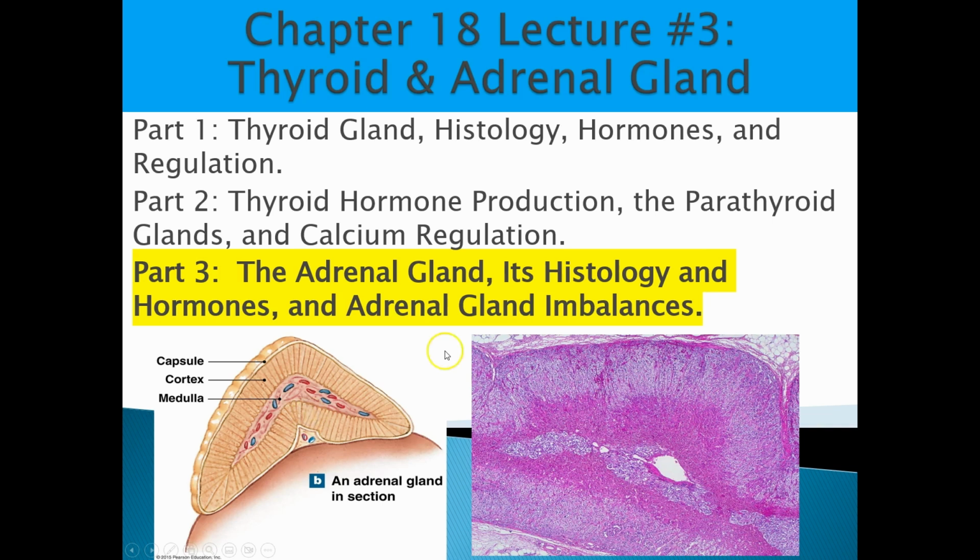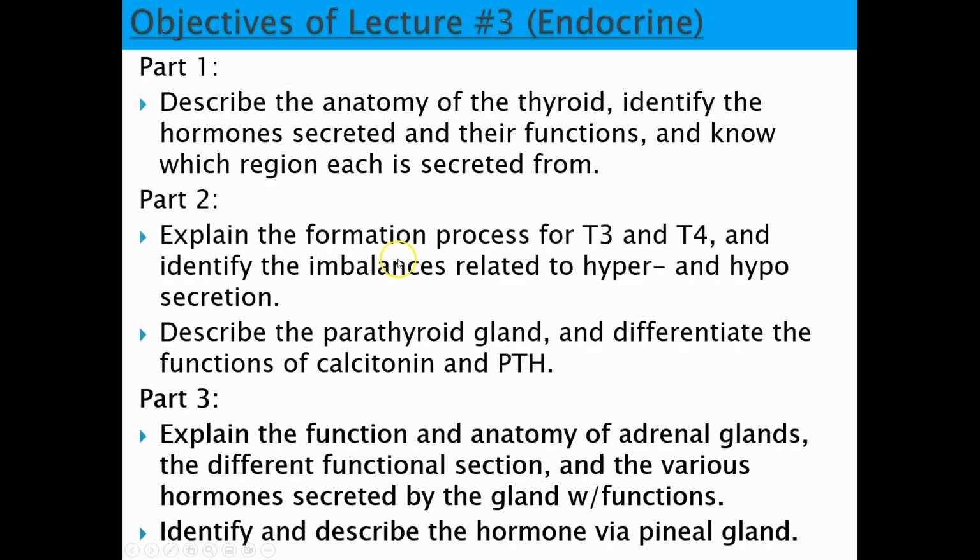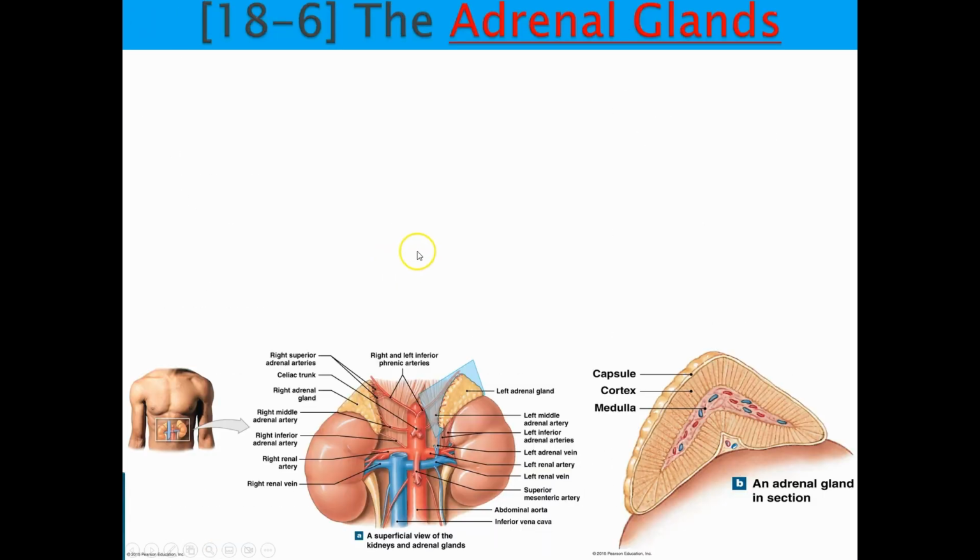Obviously, the first two parts of this lecture focused completely on the thyroid gland, and it should be clear, a lot of this entire lecture series is knowing and describing these organs and the various components to them, and that's kind of it. So you've got to really focus and get through all of these components. And so now we move on to the adrenal gland, and it's kind of the same setup.